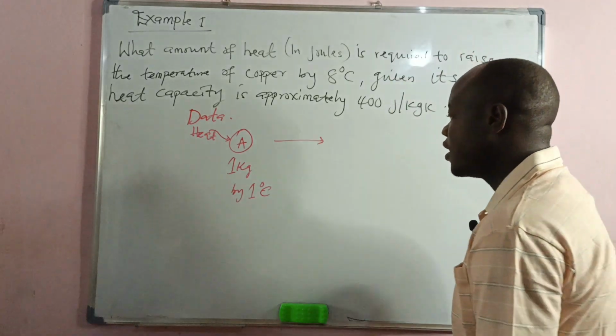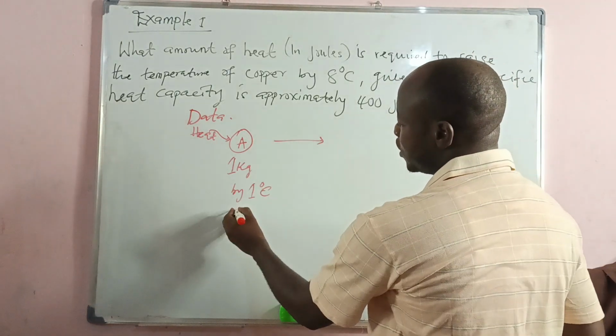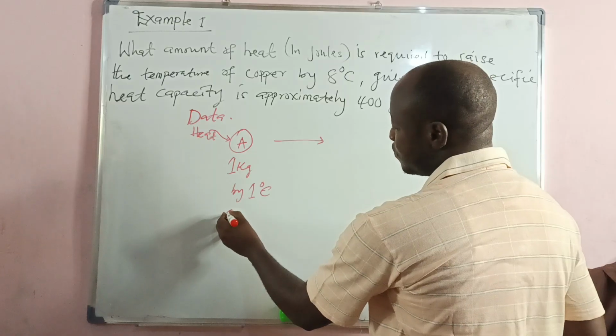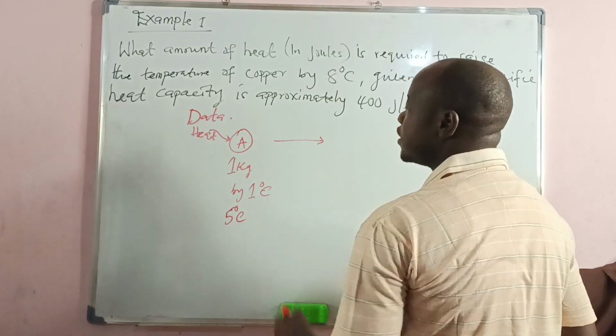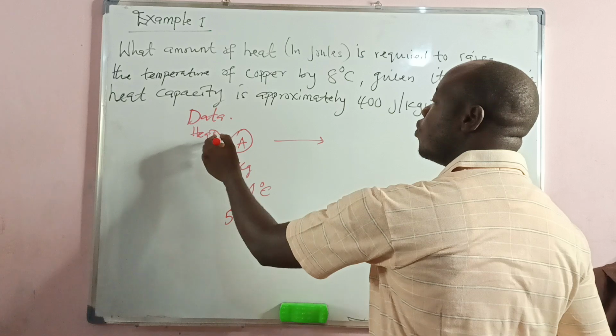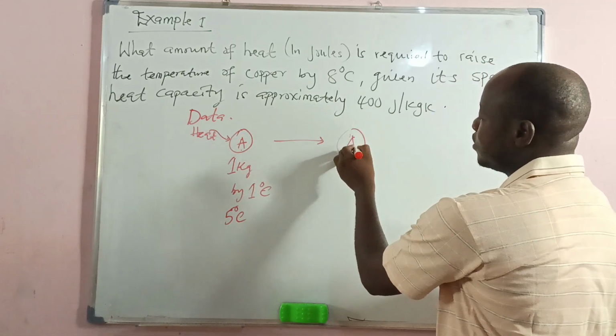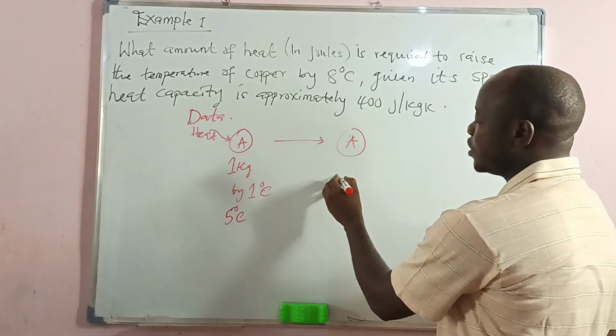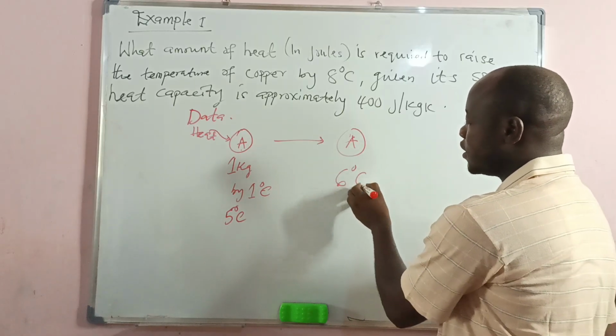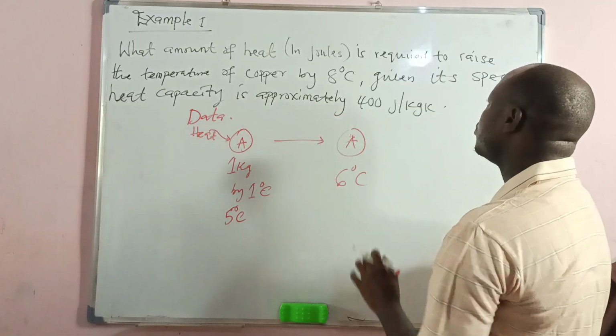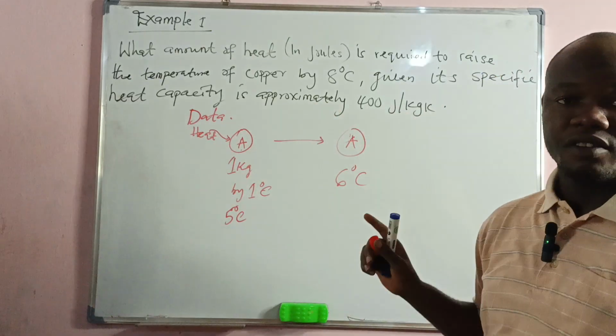So let's say the initial temperature of this object is 5 degrees centigrade. When you now add heat to this object, let's say the temperature becomes 6 degrees centigrade. That is actually what we mean by specific heat capacity.